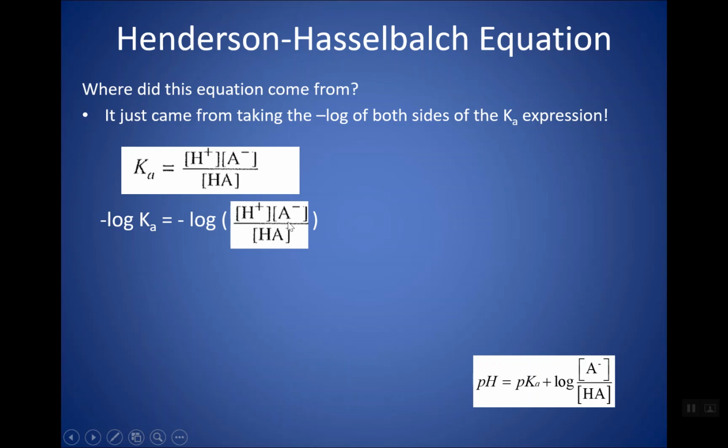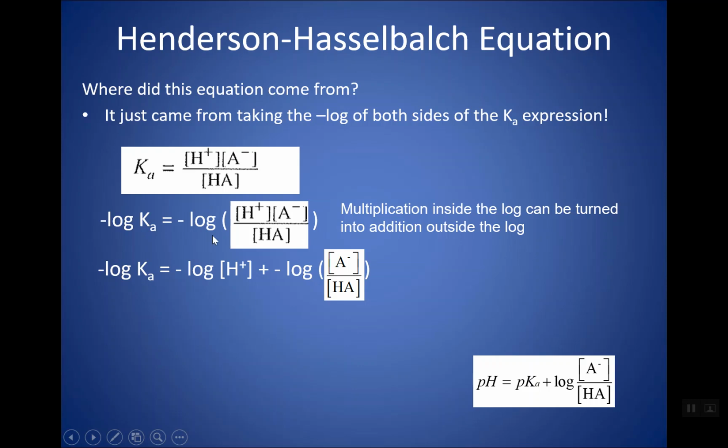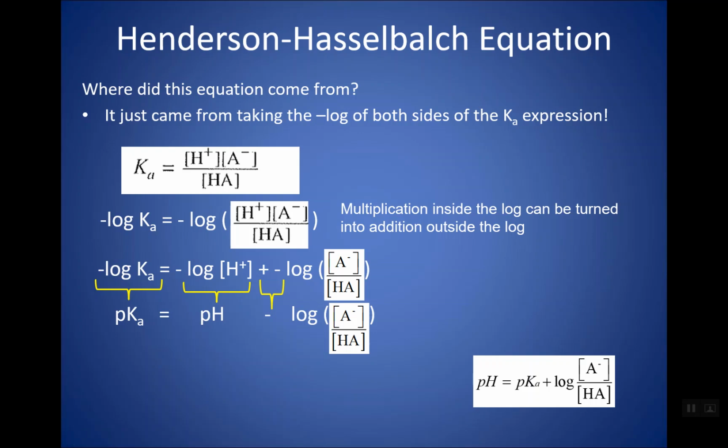So negative log Ka equals negative log H plus, plus negative log of the concentration of A minus, the conjugate base, over the acid. And let's turn this into P's. This is the same as pKa. This is the same as pH. Plus and minus is still minus log A minus over HA, which is the exact same formula you see on your formula sheet. So you don't have to derive this ever. I'm just showing you this is actually the same equation as Ka, just rearranged.